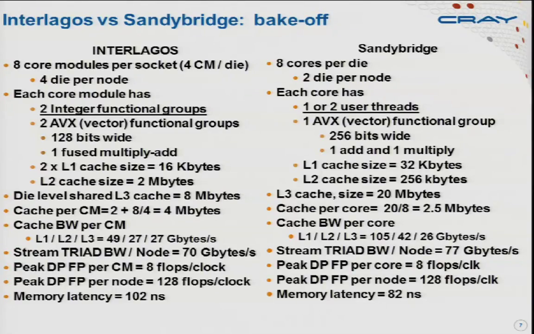On the right-hand side, they have one L1 cache of 32 KB. Now, if you were running hyperthreading and two threads per core, that would be 16 KB per hyperthread. But here, it didn't matter if you were running two per core module or only one. You had 16. And this was a source of some performance surprises, because there were a few applications that came from another Intel processor or from Magny-Cours, and they were getting good L1 cache reuse as long as it was something like 32 or 64 KB.